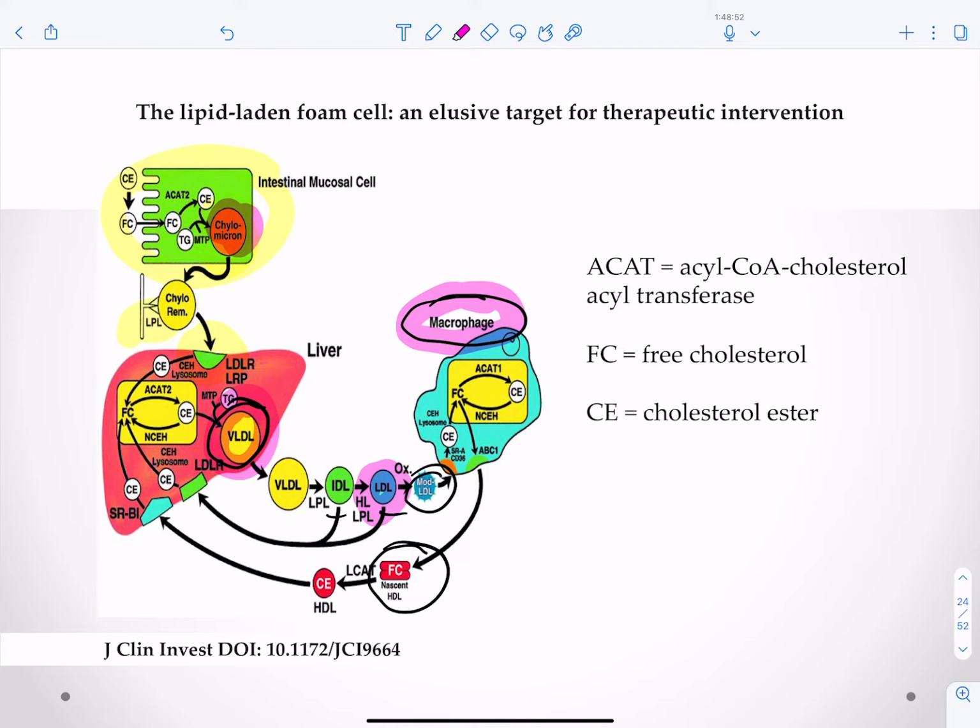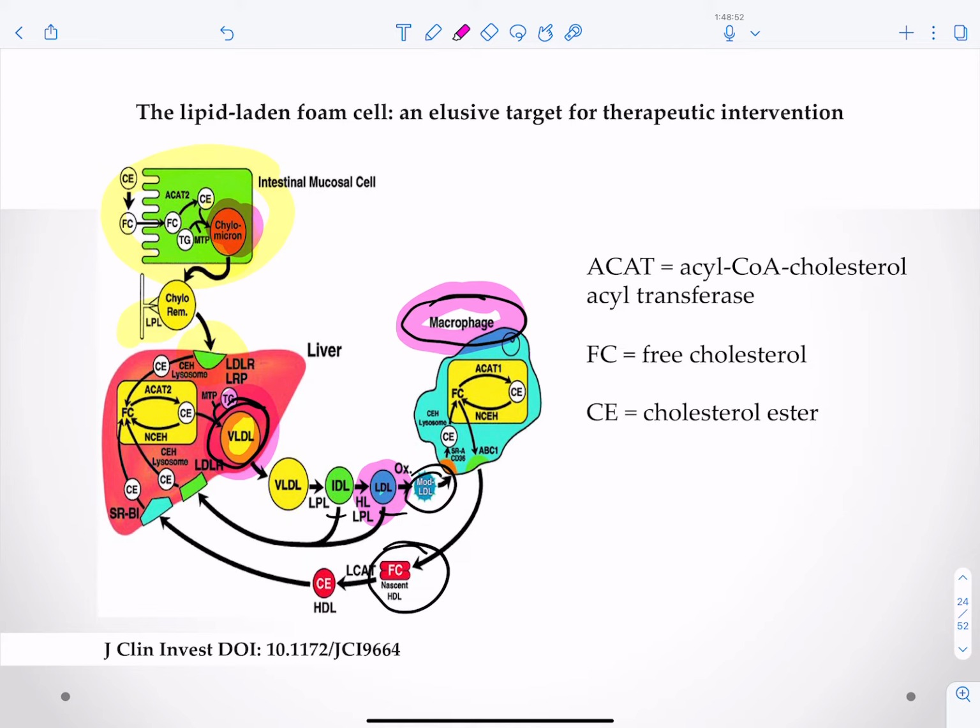So you do have acyl-CoA cholesterol acyltransferase, and that's going to be important for esterifying your cholesterols and keeping them inside of your low-density lipoprotein particles. And so you can think about this whole process of moving around fats and any sort of disruption of this process.